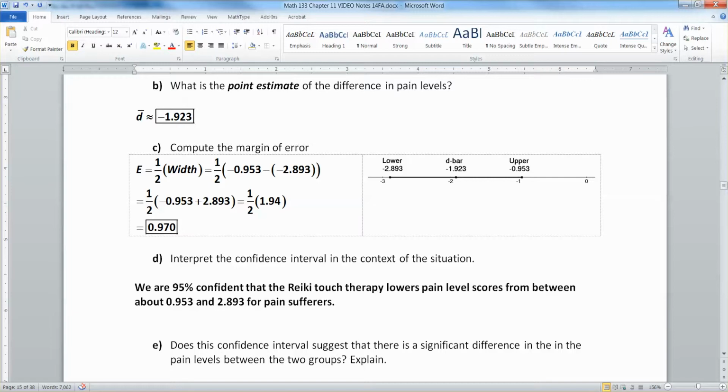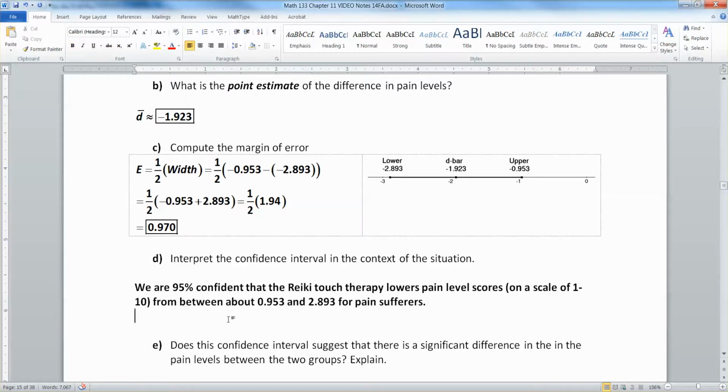So it's going to lower their pain scores on a scale of 1 to 10, just to remind you. That's pretty typical of pain levels. They'll say, when you get in the doctor's office, what's your pain at? 1, 3, 4. So we think it's going to lower them about 0.953 to 2.893. So if they were at an 8 before, they could be at like a 7 now.